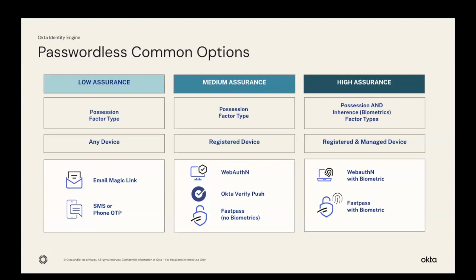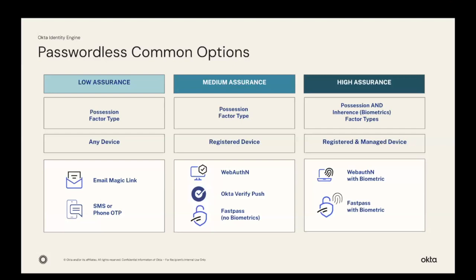If you want to go to the next level, you will actually look more at a possession factor type, but on a registered device. And this is where you would use authenticators like WebAuthn, Okta Verified Push, or FastPass without biometric. For the ultimate assurance level, you will actually require the combination of a possession factor type and a biometric factor type.